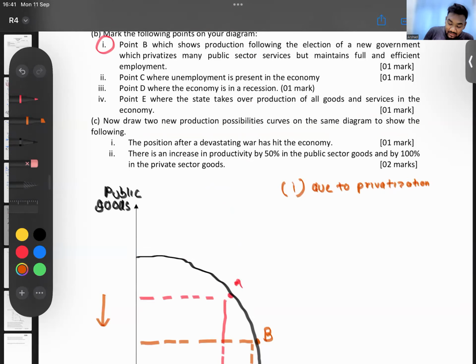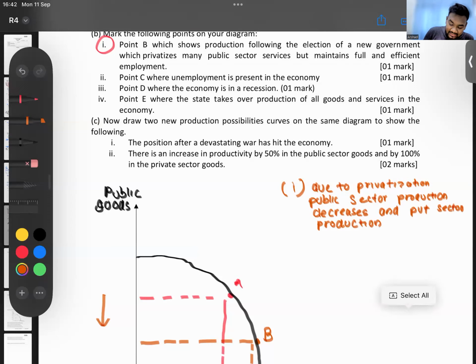Due to privatization, public sector production decreases, and private sector production increases.